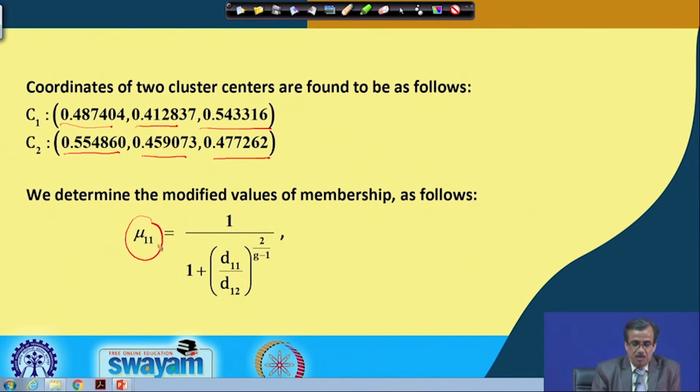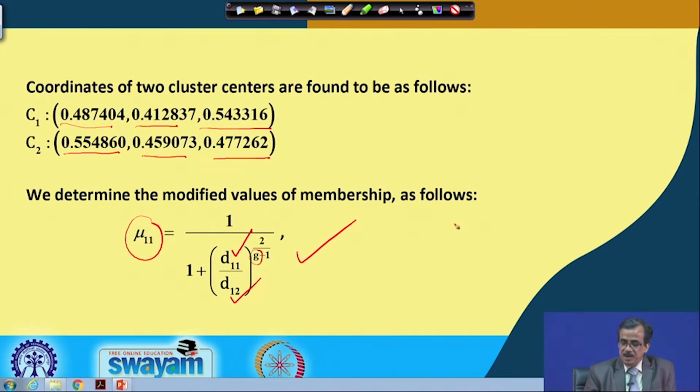So this mu 11 is nothing but 1 divided by 1 plus d11 divided by d12 raised to the power 2 divided by g minus 1. Now, you will have to substitute the value for this g, the level of cluster fuzziness, which is 1.25 here, and we will have to find out the Euclidean distances d11 and d12. What is d11?